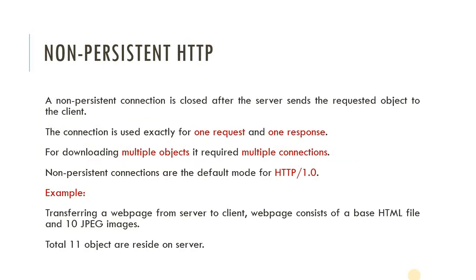Let's understand, first, non-persistent HTTP. A non-persistent connection is closed after the server sends the requested object to the client. So the connection is used for exactly one request and one response. Downloading multiple objects requires multiple connections.